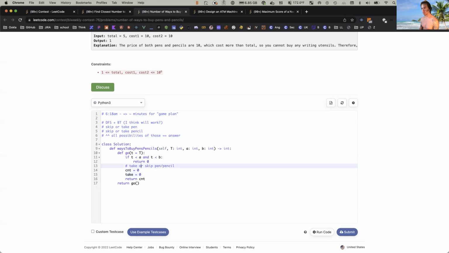T equals 0. We have to take one of something though, right? We have to take one at least. Or no, we don't want to take one sometimes. Sometimes you want to take 0. 0 a's and then sometimes a b.